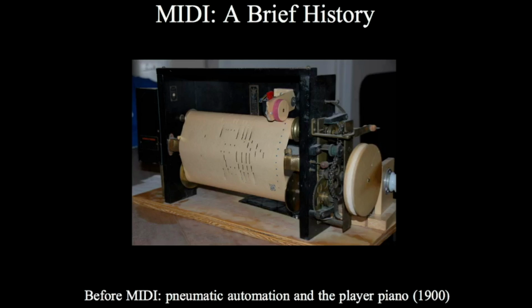So here is the mechanism removed from the player piano, and what you see is a scroll there, and so whatever is driving the player piano, whether it's electricity or steam, that's going to rotate these gears that you see on the right, and the gears rotate the scroll. And as the scroll moves, that moves in time.